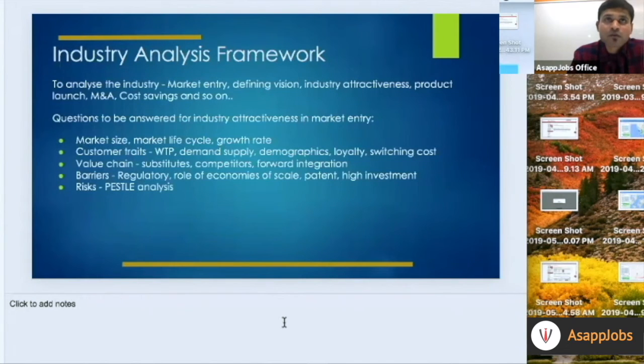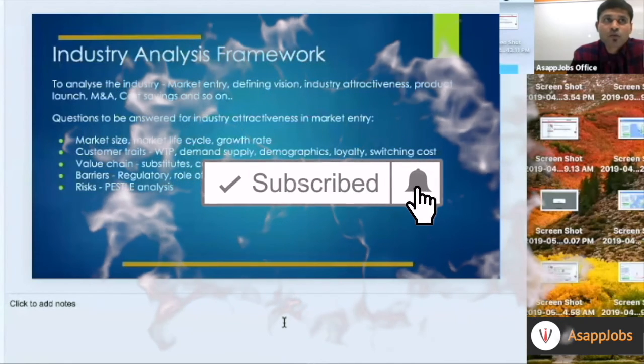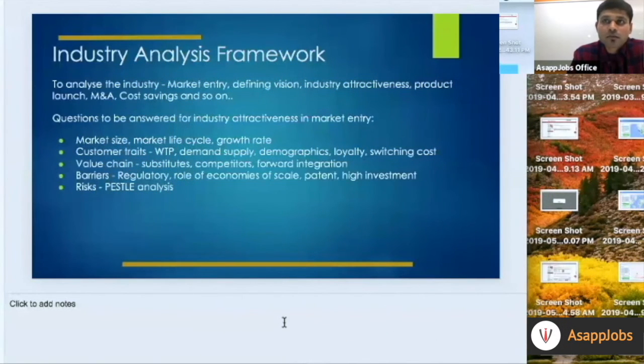For example, if you want to move into the real estate market, you need to invest a lot of money upfront. Then there are risks, which could be political risk, economic risk, social risk, etc. So this is a framework with which you can analyze the industry and figure out whether the industry is good enough or not.